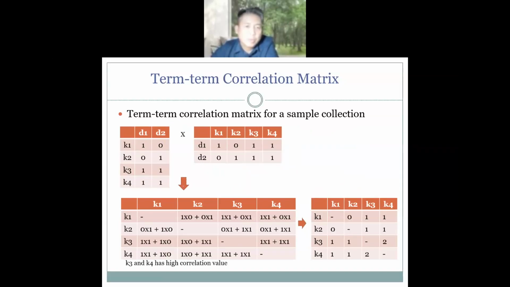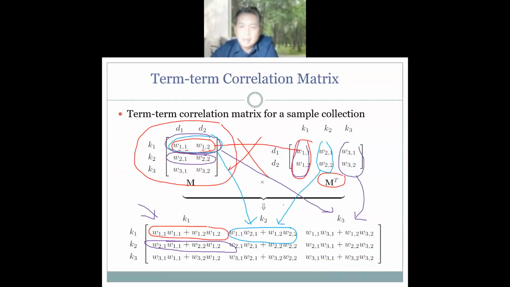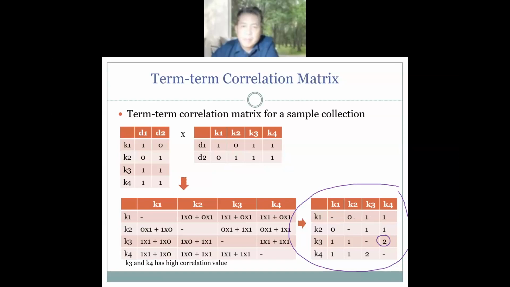We get the transpose, perform the multiplication, and finalize with this. We can see that this is higher compared to the other one, so keyword 3 and keyword 4 are highly correlated in the documents. This is the example of this calculation, but we will study it further later on.